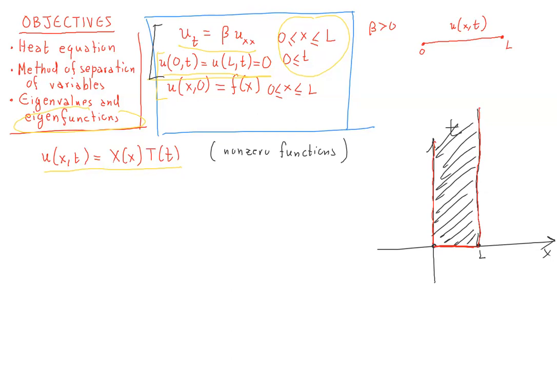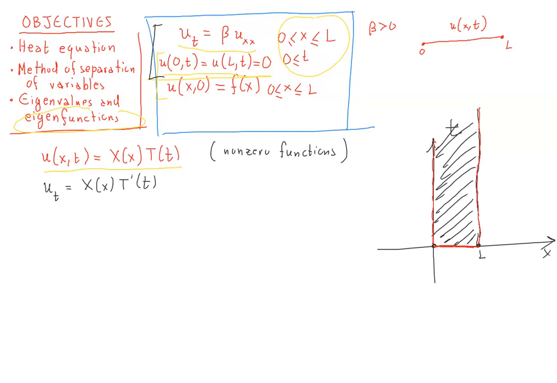So we're going to take this expression and plug it into our differential equation. And what will that give us? The derivative with respect to t is going to simply be X of x times T prime of t. That's how we take derivatives of such functions.